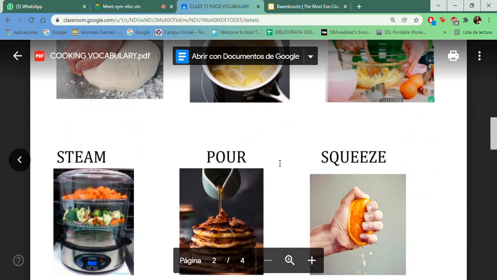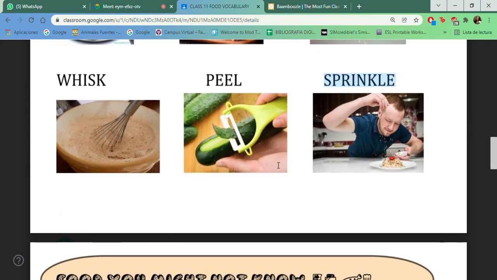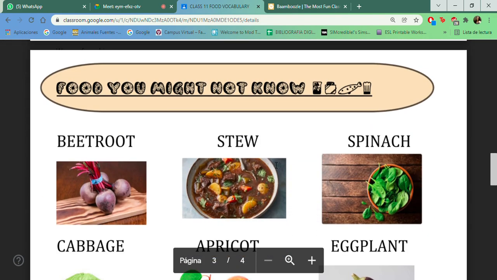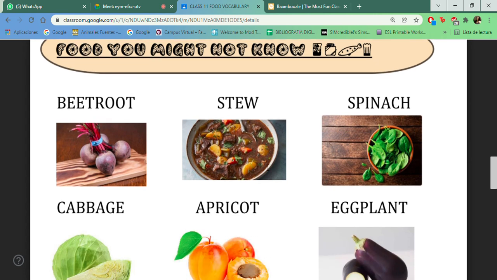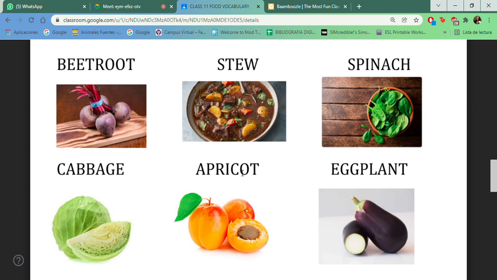So now we can continue. This is food that maybe you don't know. I wrote you might not know because maybe you know it. Did you know this? Sure. Sorry? Teacher, I don't know that roots is root and beets.